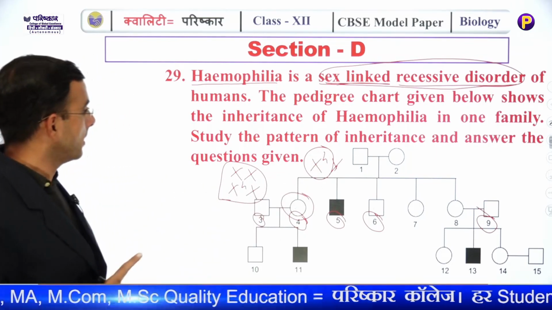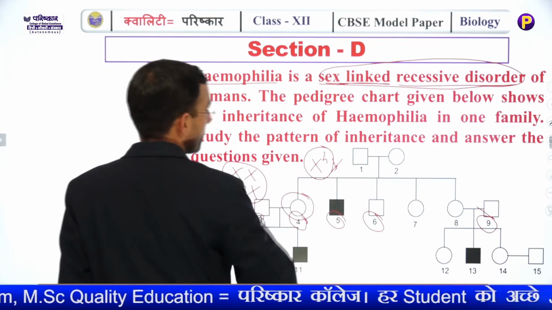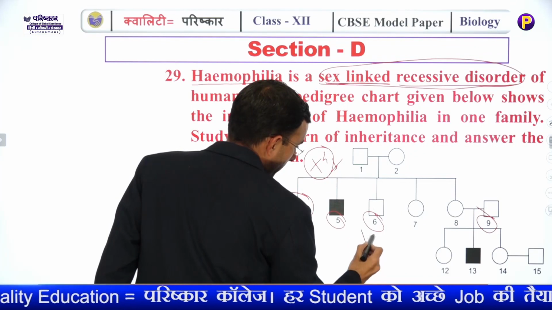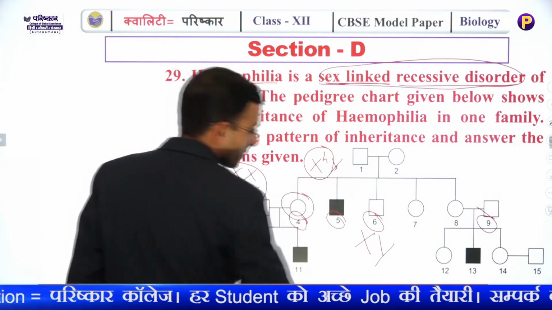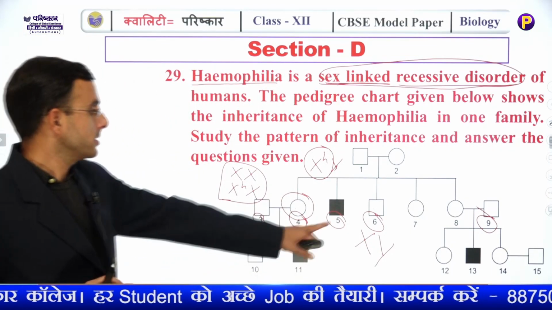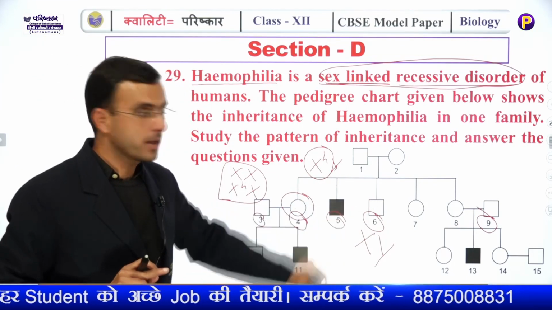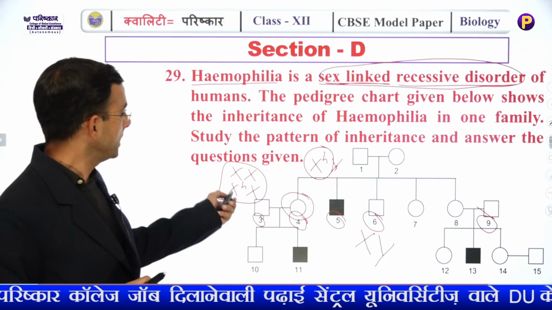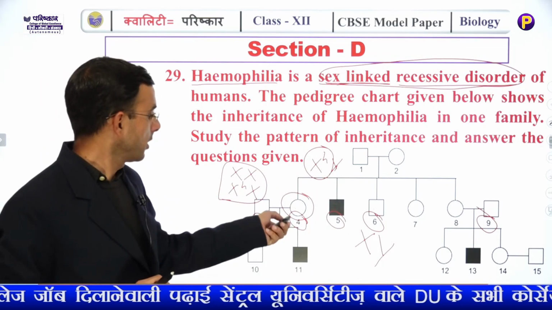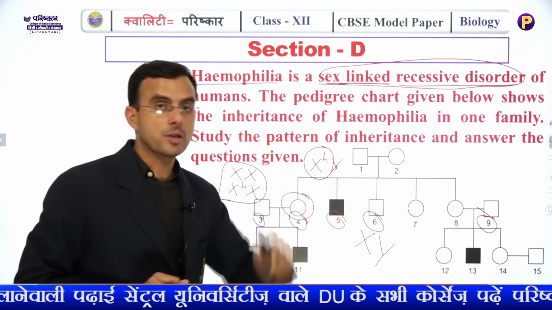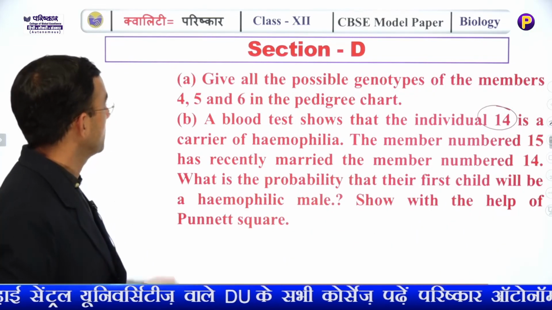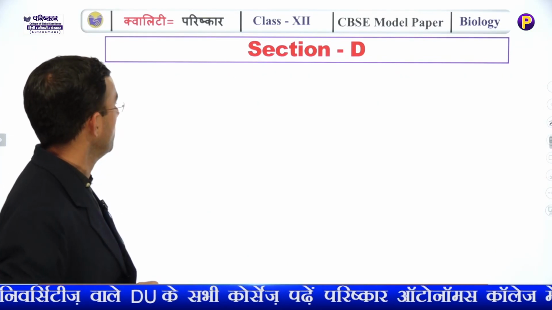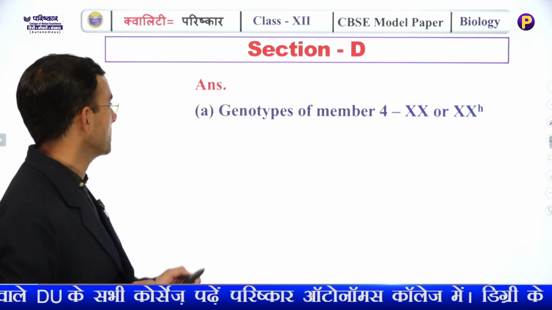That is the genotypic expression of the male. And this is the sixth one: X and Y, because this one is male and normal. So these are the genotypes of the 4th, 5th and 6th individuals. That is the answer of A.